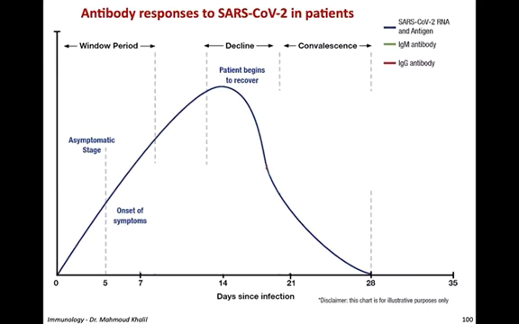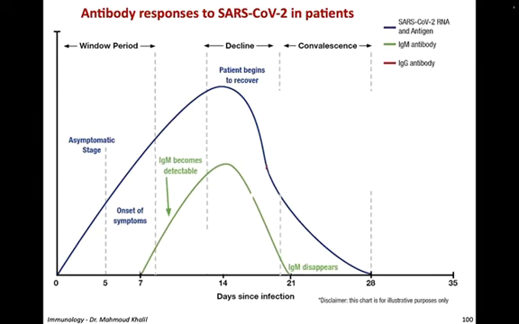Let's talk now about the antibody response to SARS-CoV-2 in patients. As you can see from the figure, this line chart represents the SARS-CoV-2 RNA and antigen.